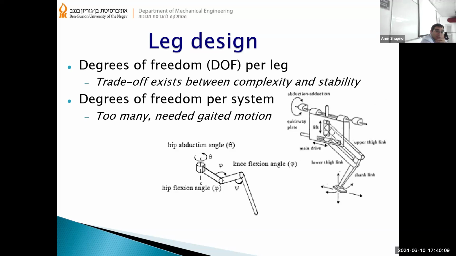And with many degrees of freedom per system, we need gait motion. Gait is the pattern, how the contact points are moving, how the legs are moving.